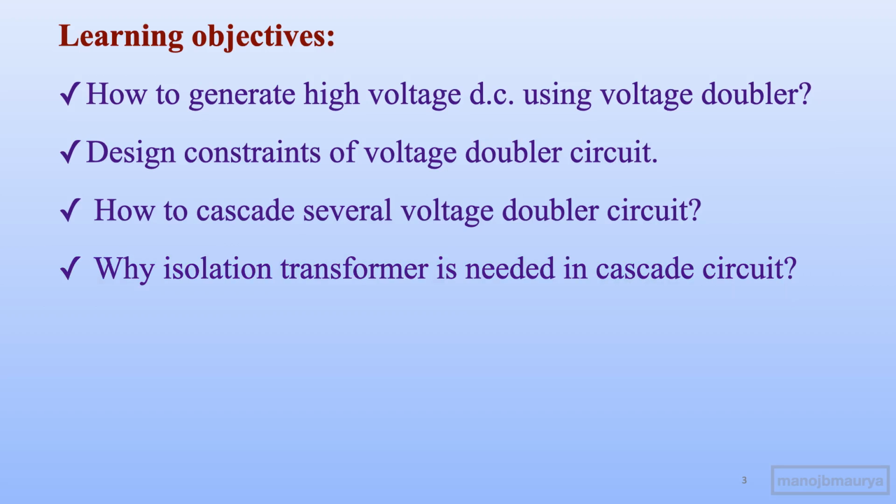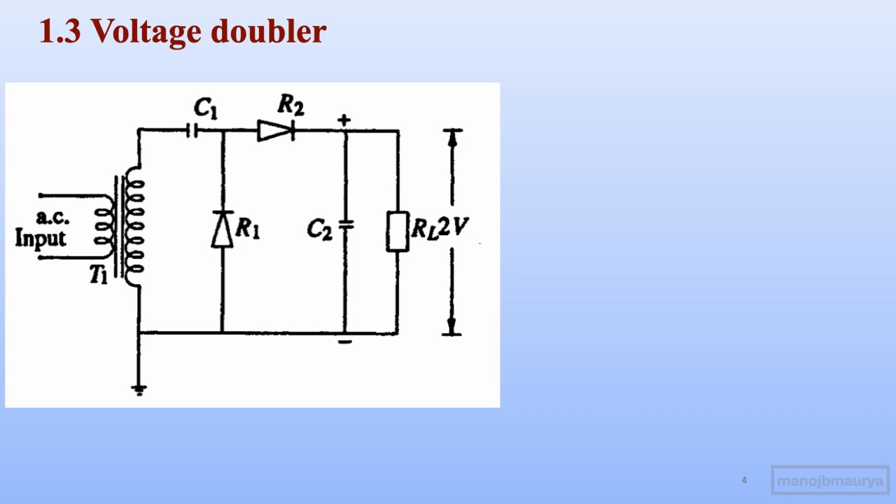Let us check the voltage doubler circuit diagram. The circuit diagram shows a high voltage transformer T1 along with two rectifier elements, rectifier R1 and R2, and two condensers C1 and C2 along with load resistance.